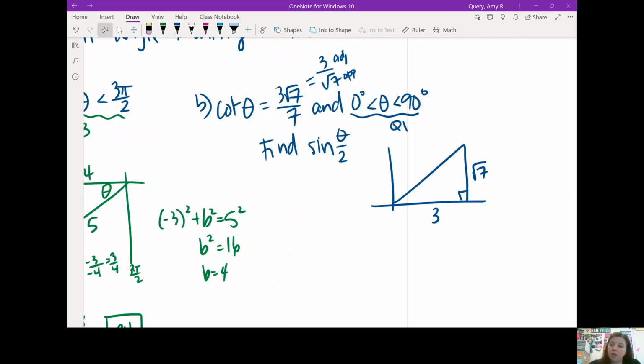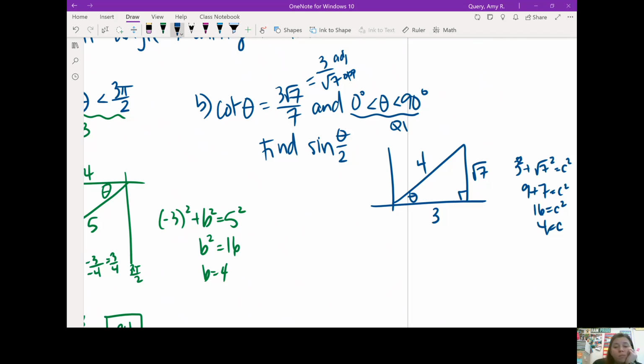So let's just find that hypotenuse, huh? 3 squared plus the square root of 7 squared equals c squared. So 9 plus 7 equals c squared. That's 16. So c is 4. Okay, so we want to find the sine of theta over 2.